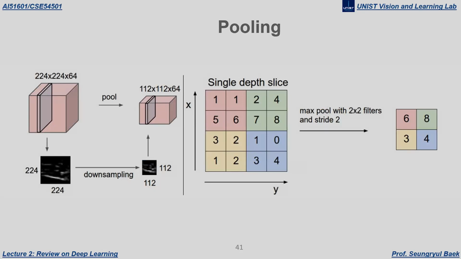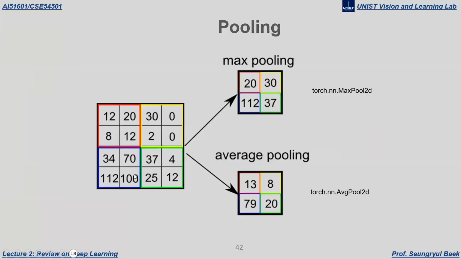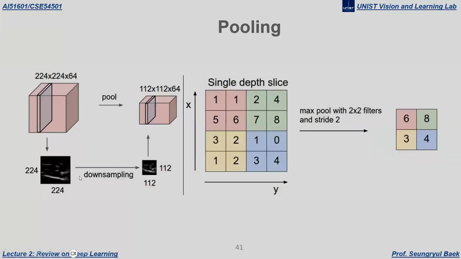And the next frequently used component is pooling layers. So what pooling wants to do is basically reduce the size of the 2D input image, okay? So you can think they are downsampling the original input size.